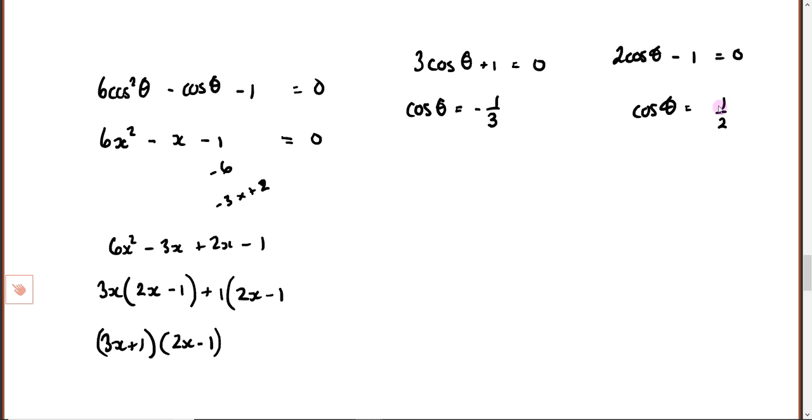All right, so the second one is just the same as the question we did before. So what have we got? Theta is pi over 3, and also 5 pi over 3. Okay.